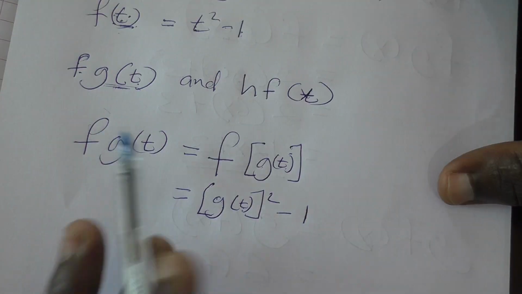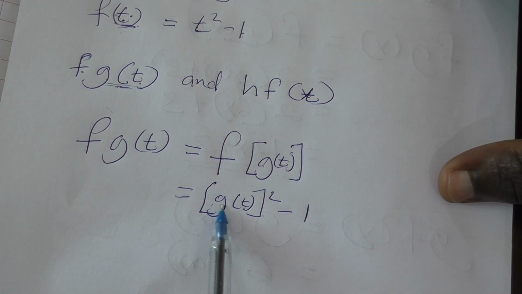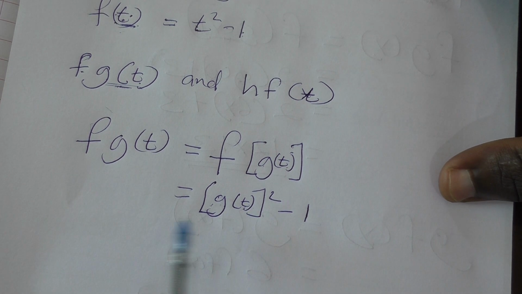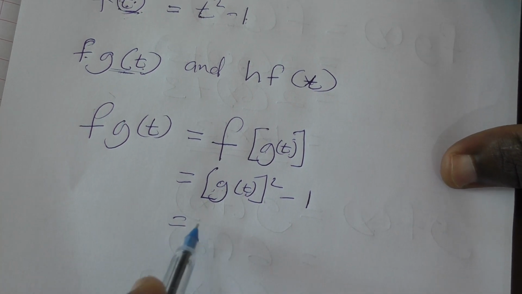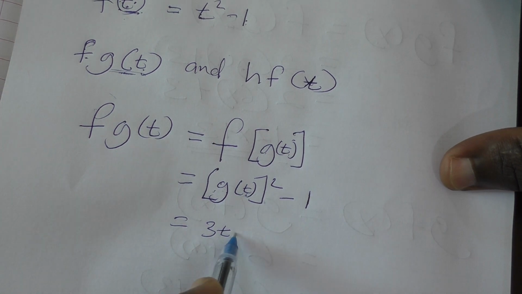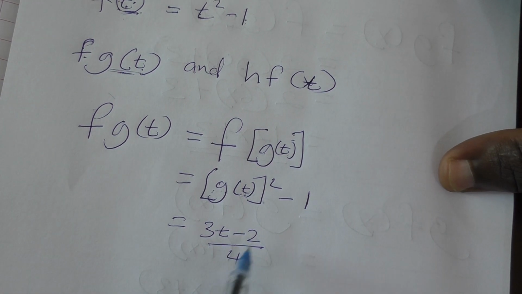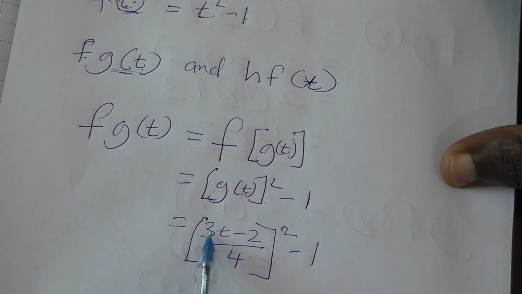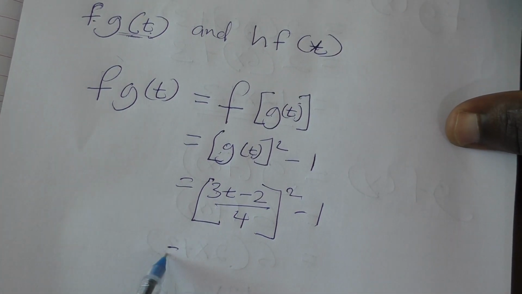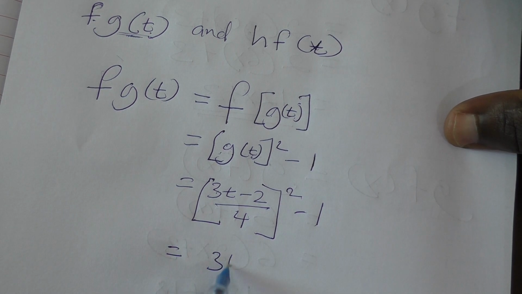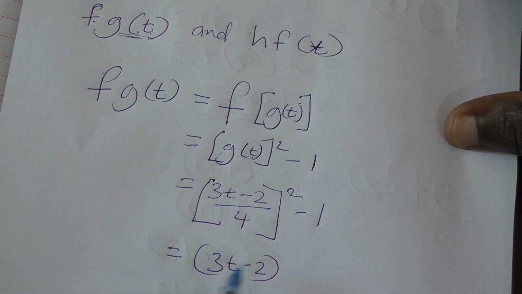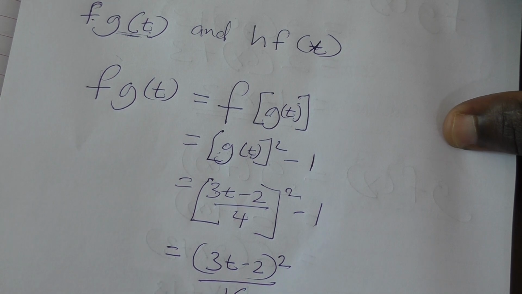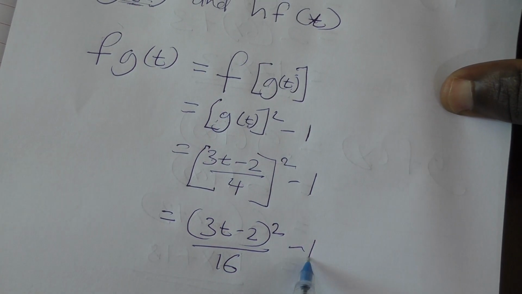So we shall replace g of t with its expression, which is 3t minus 2 over 4. This is squared, minus 1. So we just simplify this. When we are squaring, we both square the numerator and the denominator and take away a 1.